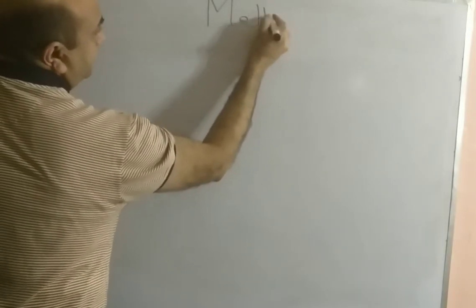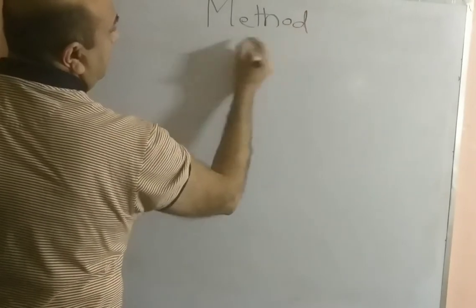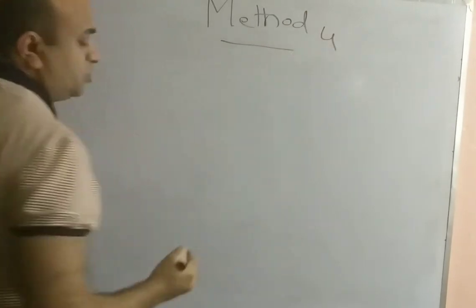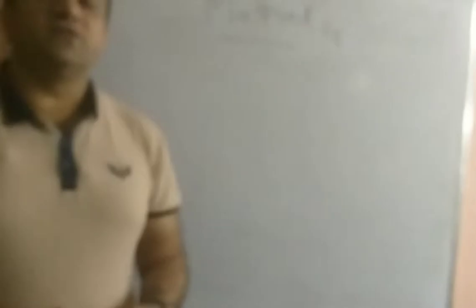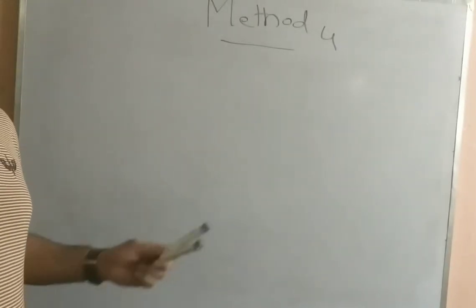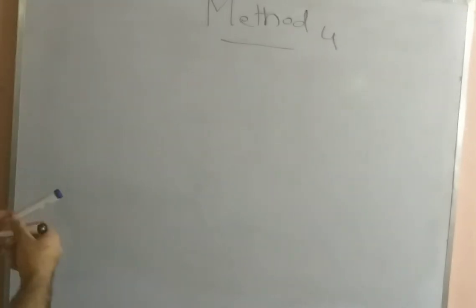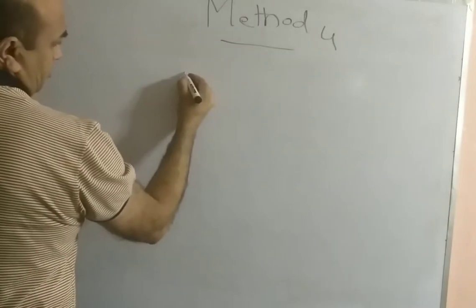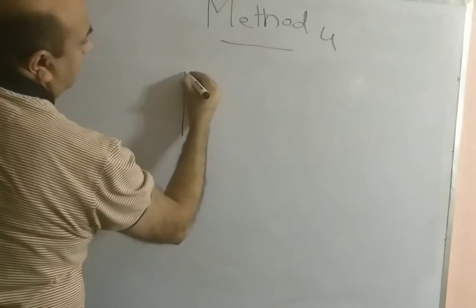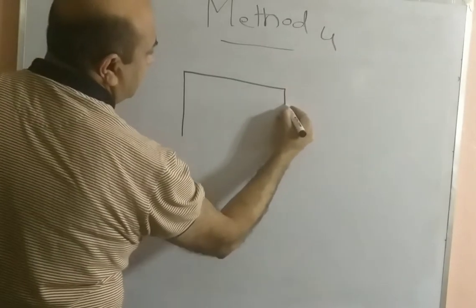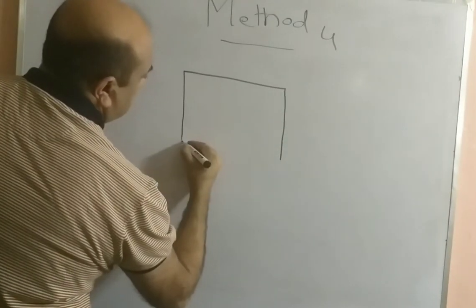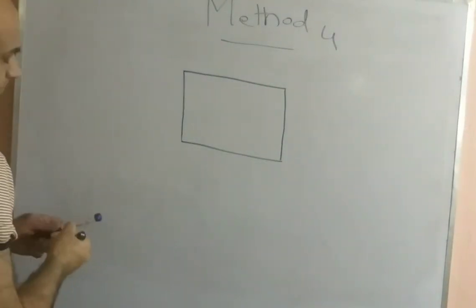Method 4. For method 4, we should understand two or three things which are important. We should know the duration of these small boxes and large boxes on the ECG paper. This is a large box.